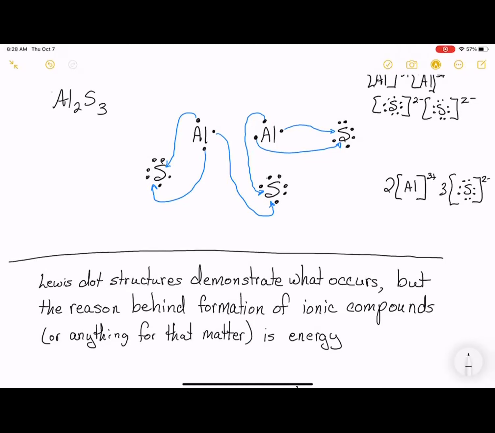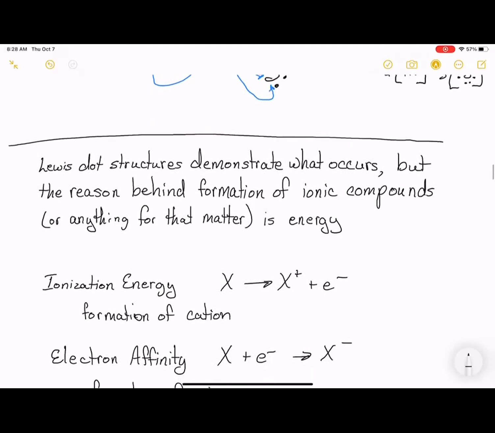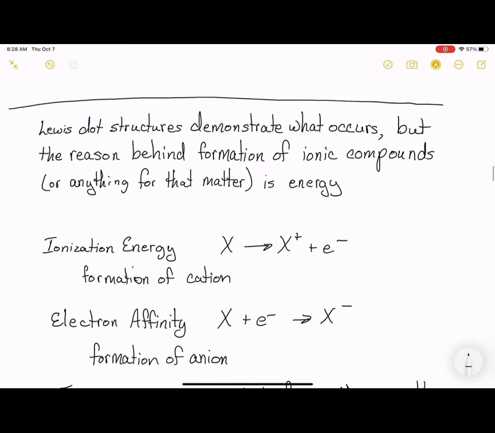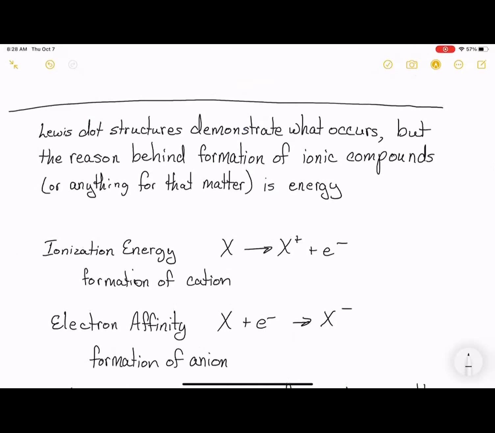Now, let's talk about the energy behind the formation of the ionic compound. You've actually already been introduced to some of the energy associated with an ionic compound. We've already talked about ionization energy. Ionization energy is the energy that is needed to make a cation. We do so in a sequential stepwise formation.